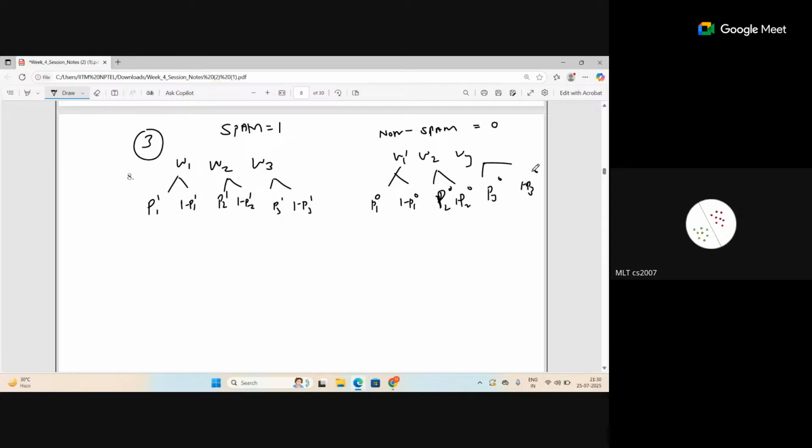What is this notation, p1 of 1? What do you understand by p11? It is for the first word.